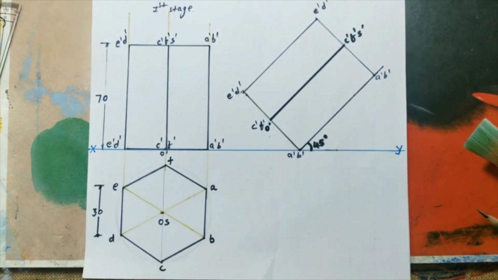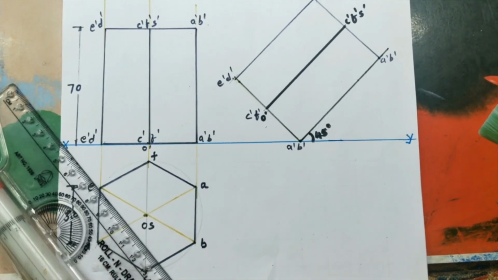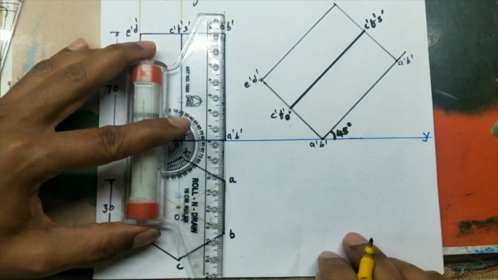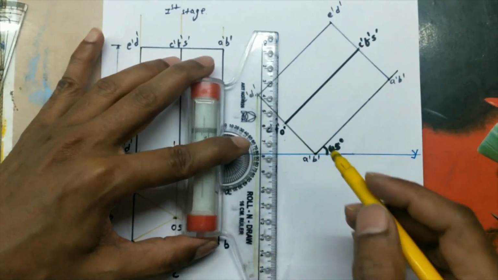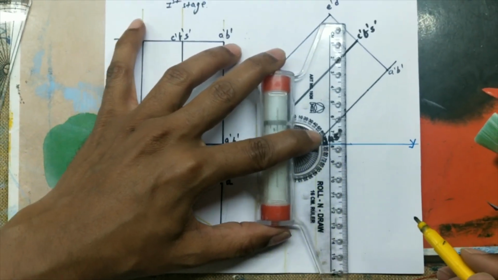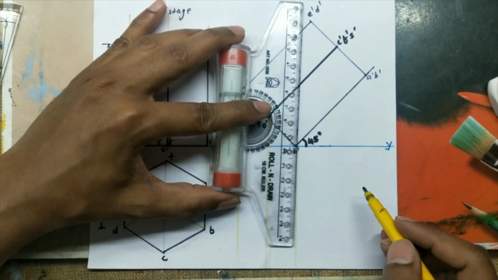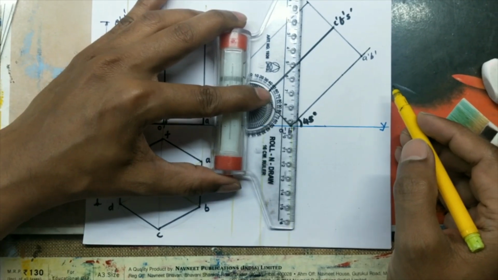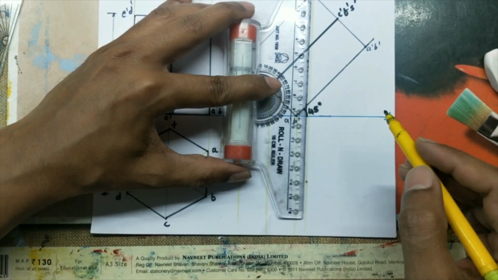Now project all the points in a downward direction. See here. And mark it, this one.